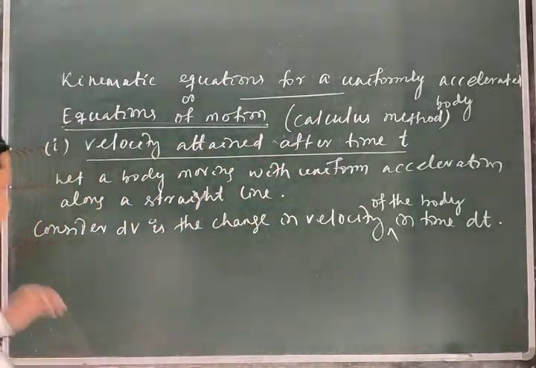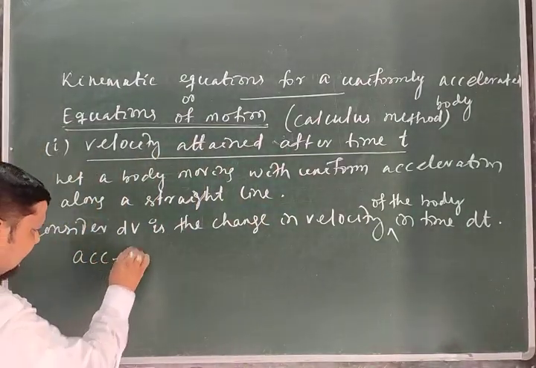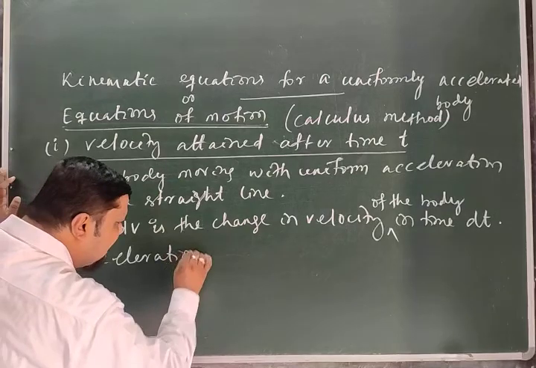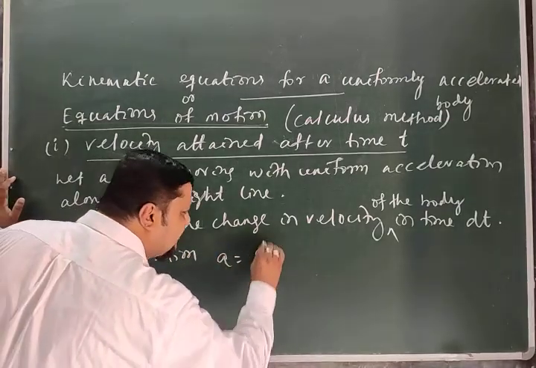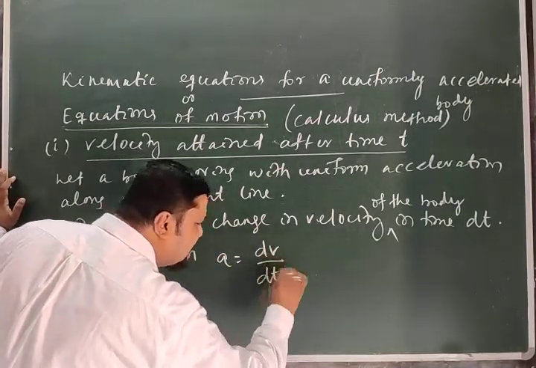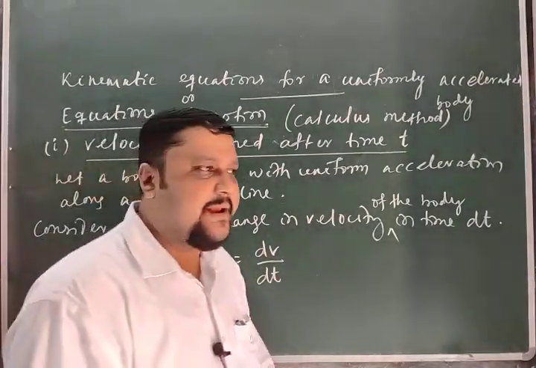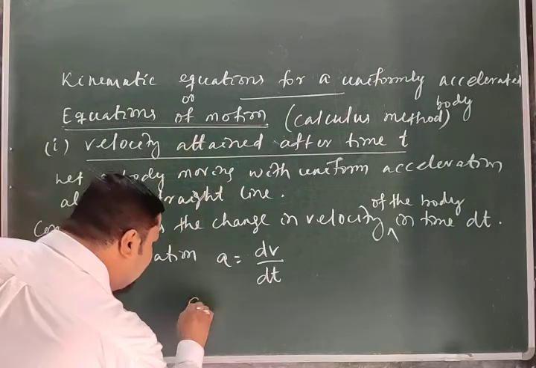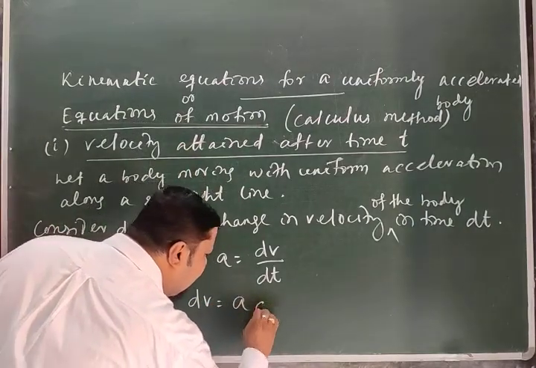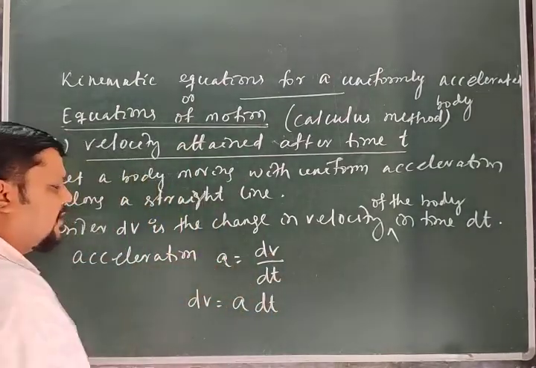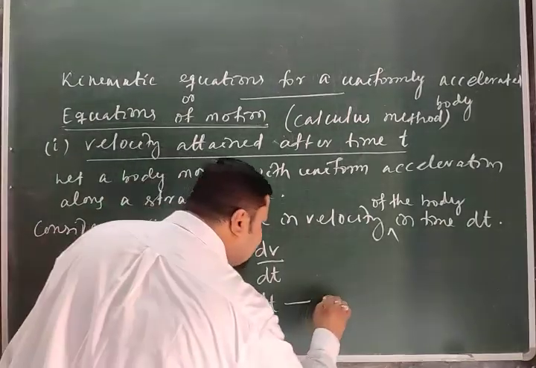Then what would be the acceleration? Acceleration is equal to the rate of change of velocity. I am considering the magnitude part. Acceleration is equal to dv by dt. Clear? Then I can write dv is equal to a dt. Let this be equation 1.